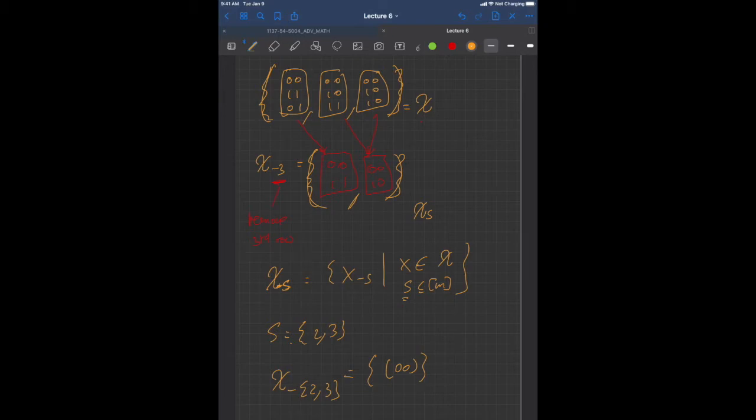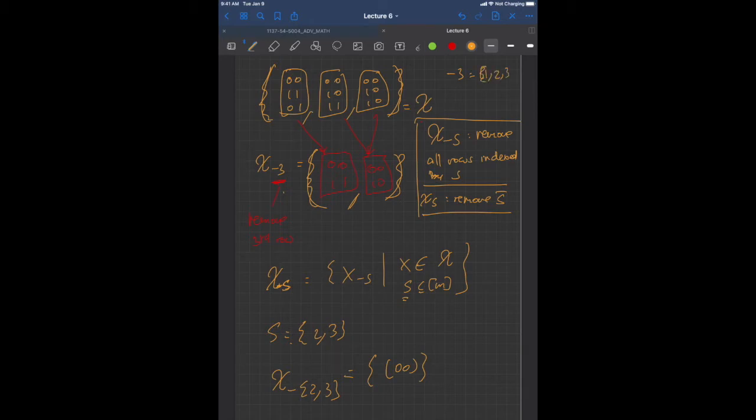Just to clarify, X minus S means remove all rows indexed by S, and XS means keep only the rows indexed by S, or rather remove the complement of S. If I define minus S to be the complement of S, it's just the projection of X onto the rows indexed by the complement of S. The universe here is the set of rows, which is m, which is 1, 2, 3.